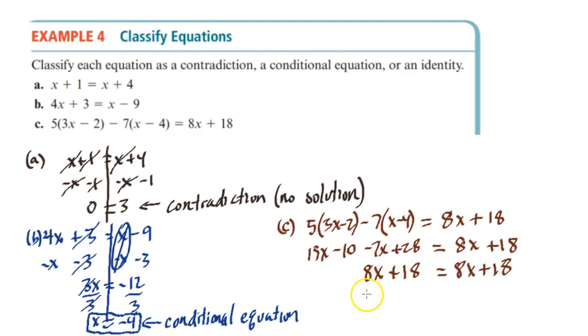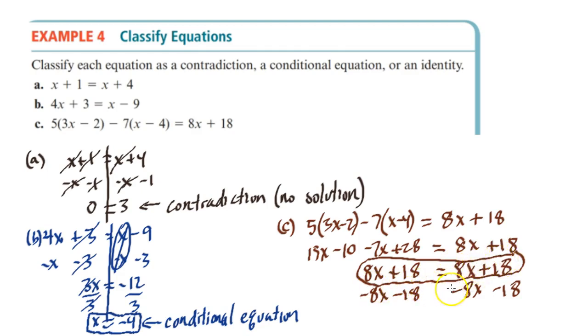So if we were to subtract 8x and subtract 18, we're actually done at this point. We don't need to go any further from here. And we can actually tell that this is always going to be true. 8x plus 18 is always equal to 8x plus 18.